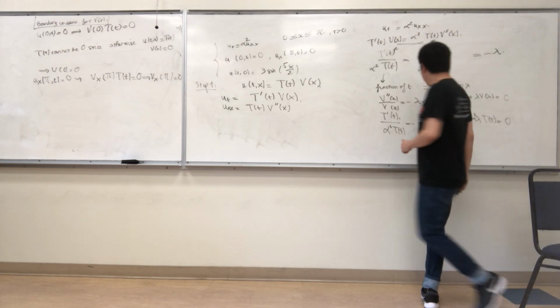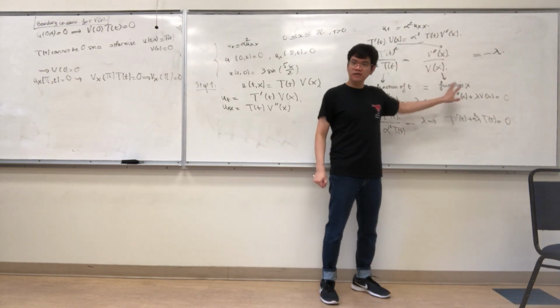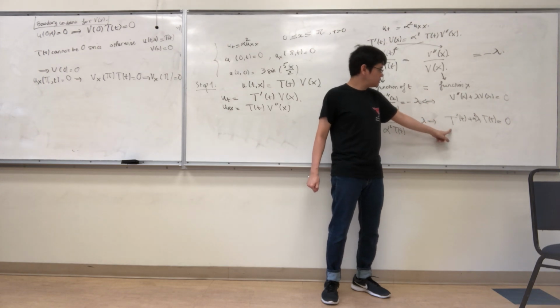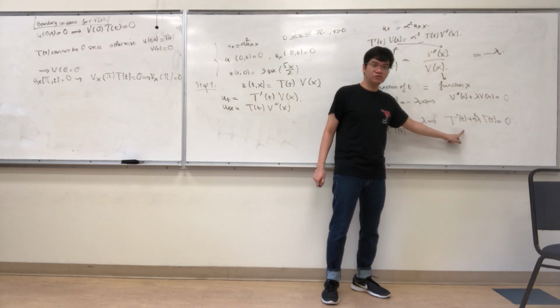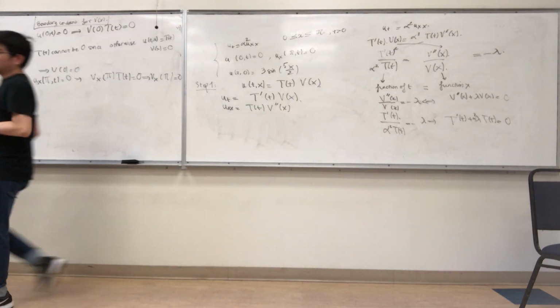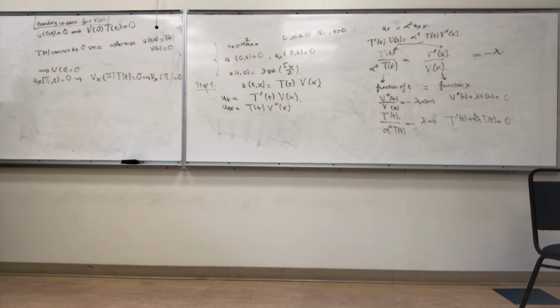The first equation is a second order differential equation of v, and the second equation is a first order differential equation of T. So in order to solve the first equation, you need the boundary condition. What I'm trying to do here is to find the boundary condition for v.